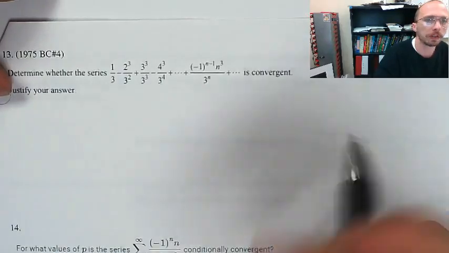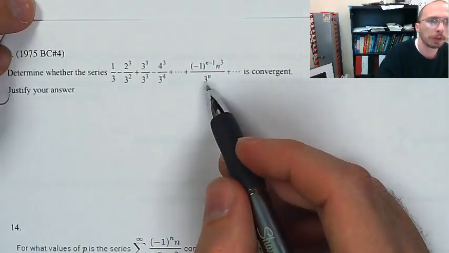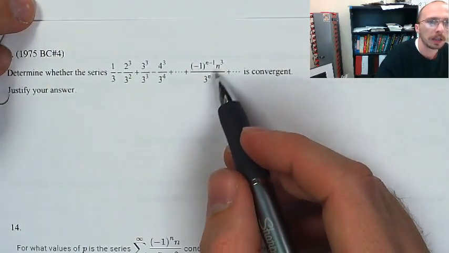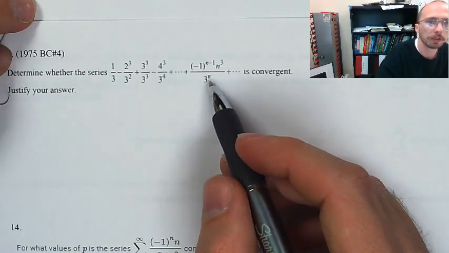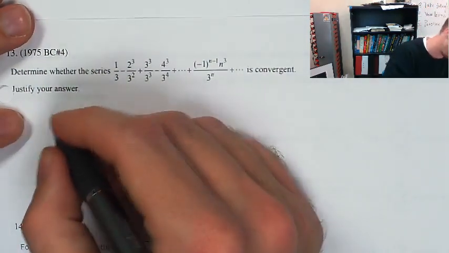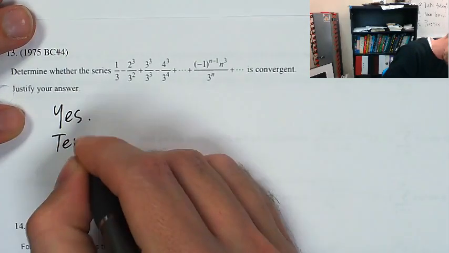All right, determine whether this series is convergent. n to the third over 3 to the n. Yeah, 3 to the n does grow faster. I'm going to use the alternating series test. Yes, the terms alternate.